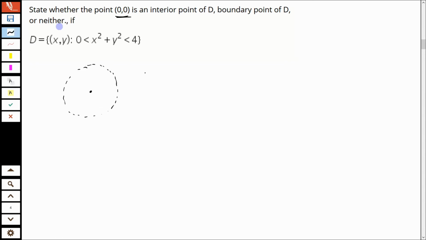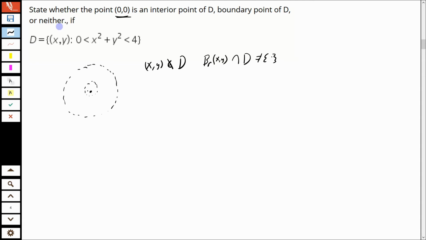So a boundary point is a point that's not in D, but any circle around it, any ball around it with a radius r, intersects D. The intersection is not empty.